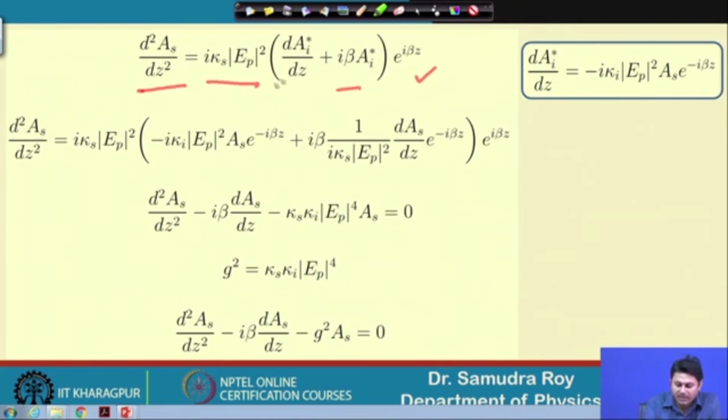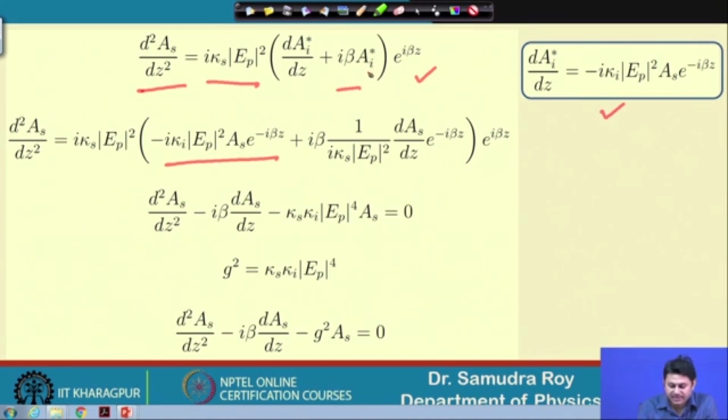Next, I know that dA I dz is this, so I will replace this term here. Once I replace this term, this becomes a function of A s. In the left hand side, I will have A s. Our goal here is to eliminate A I, because then only I can solve the differential equation. So, I just decouple the equation.